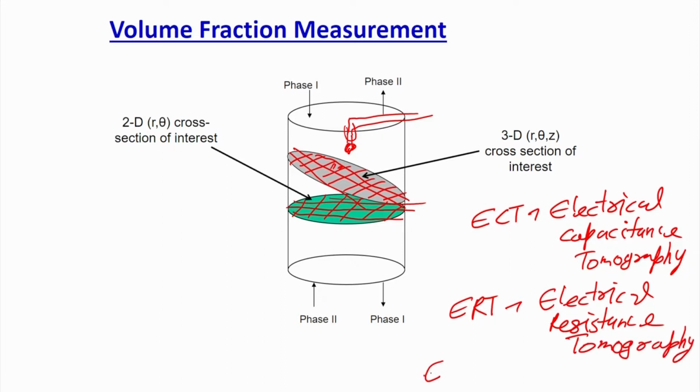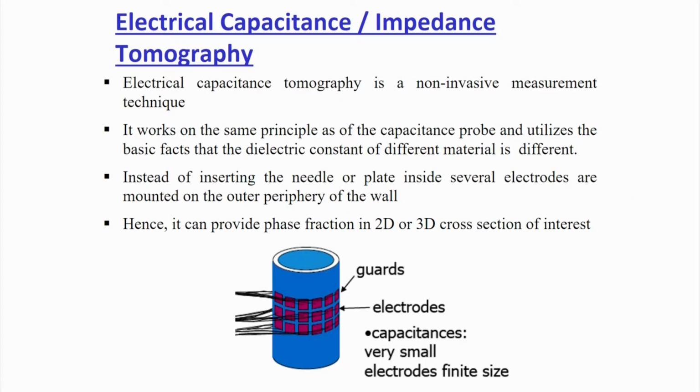And EIT, electrical impedance tomography. These three methods, the principle is exactly the same, the electronics is also the same, the only thing is what you are measuring: you are measuring capacitance, impedance, or resistance.